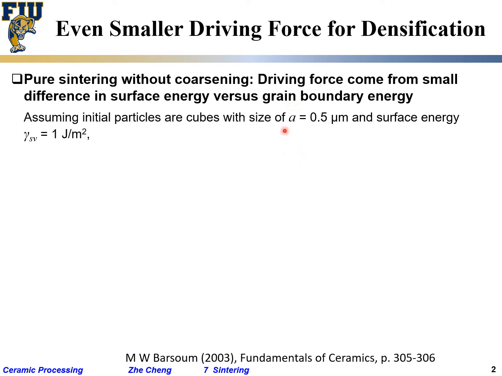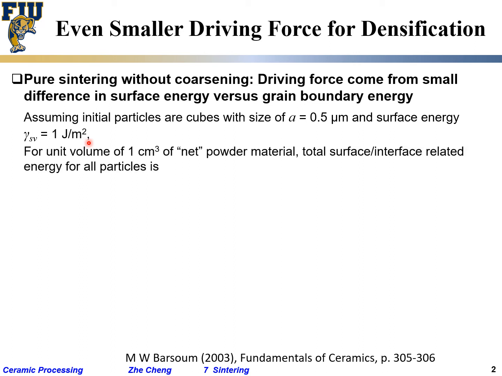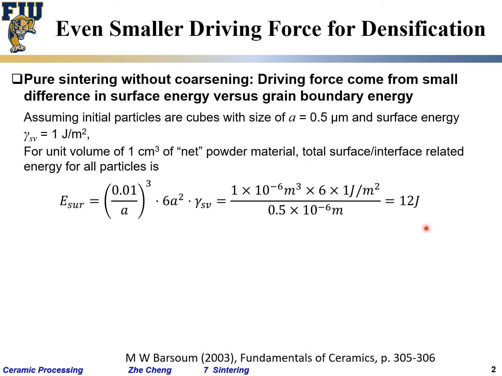Still, let's say initially we have particles 0.5 micron, cube-shaped, right? And the surface energy is still the same, 1 joule per meter square. Then, for the same 1 cubic centimeter of material, the total surface energy for all particles is the same thing, 12 joule, right?